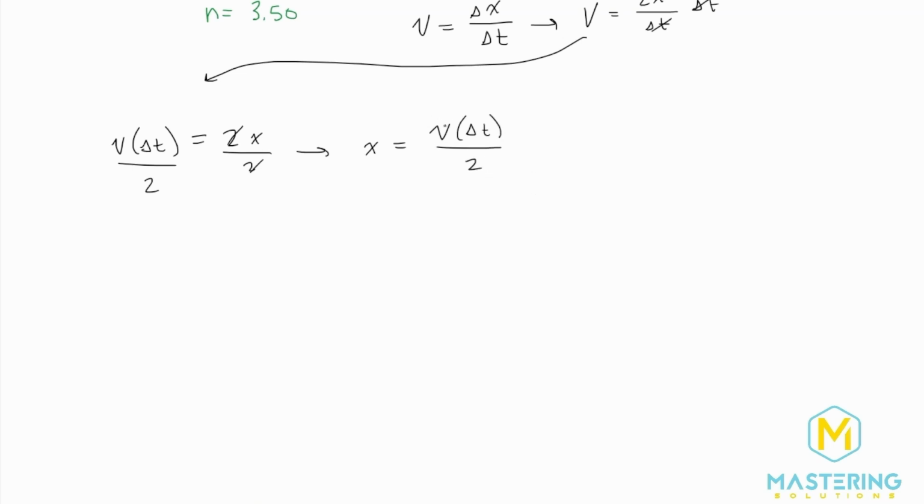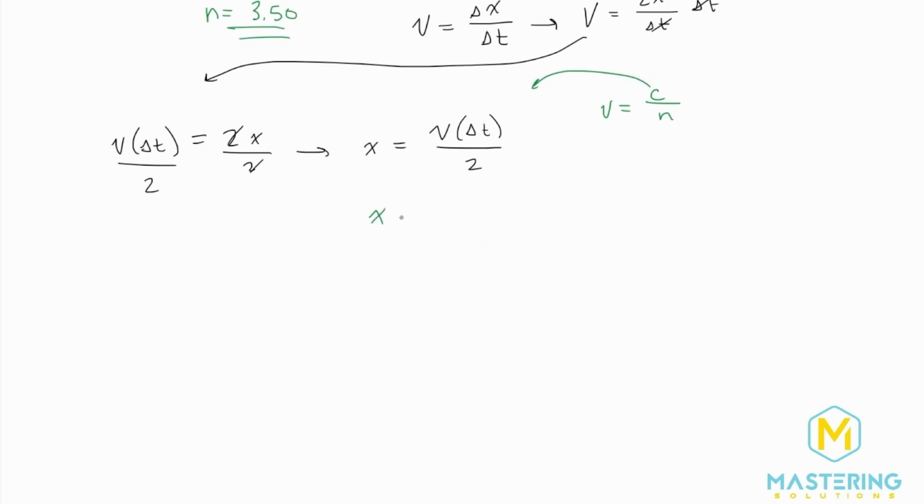Now, what are we going to use for the velocity? Because we're talking about light here, you can remember that the formula for velocity for light is v equals the speed of light in a vacuum, c, over n. So this is where the 3.5 from the index of refraction comes in. We can plug that in for v.